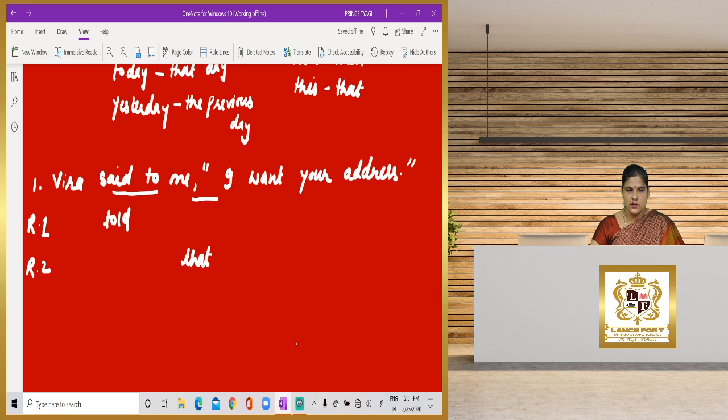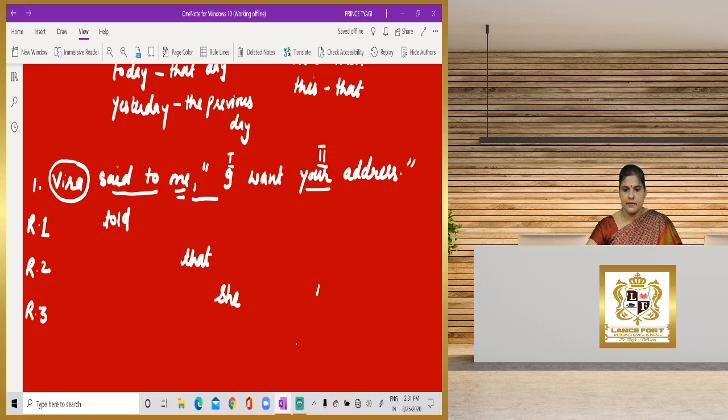Okay, done. Rule number 2, change comma and inverted comma into that. Done. Rule number 3, change the pronoun. Now I is the first person, change according to the subject. The subject is Veera, so in place of Veera which pronoun will we use? She. And you is a second person, change according to the object. The object is me, so what will be the possessive of me?